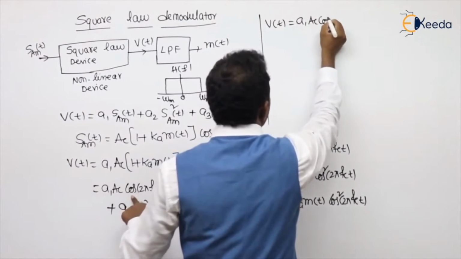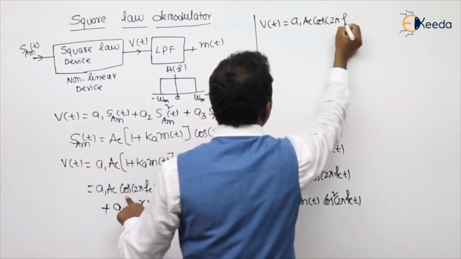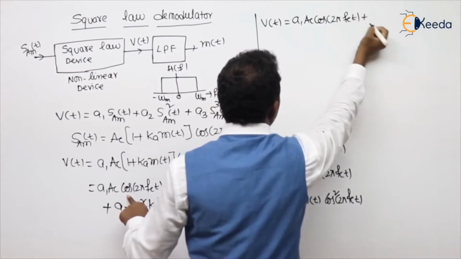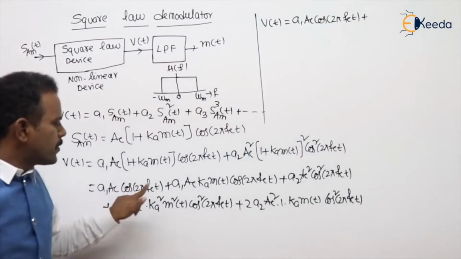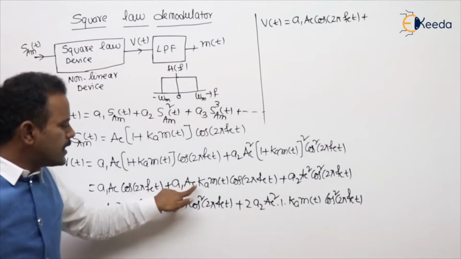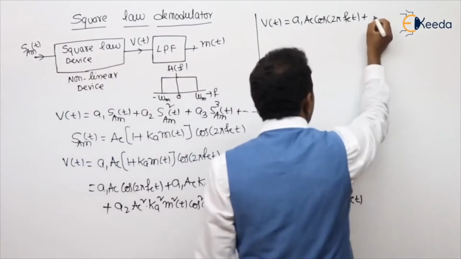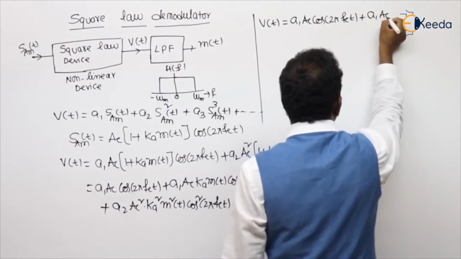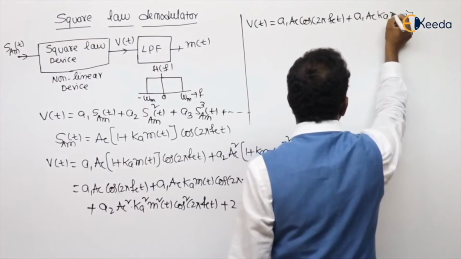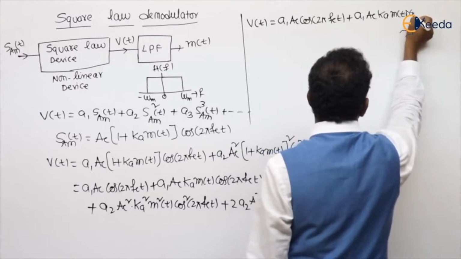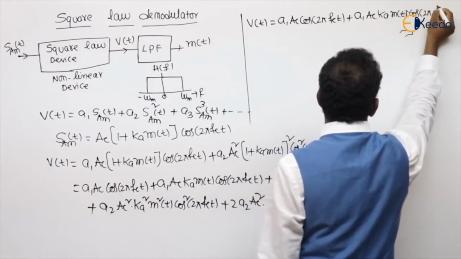Plus, what is the second term, students? A1 Ac Ka m of t cos 2 pi fc t.